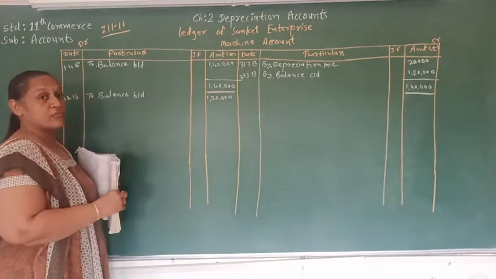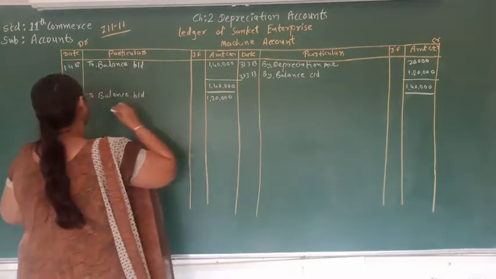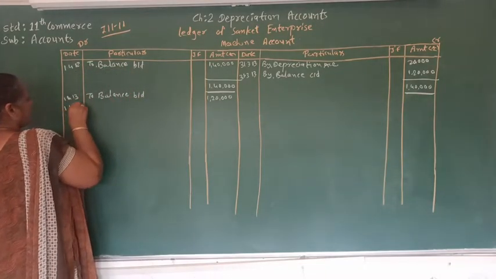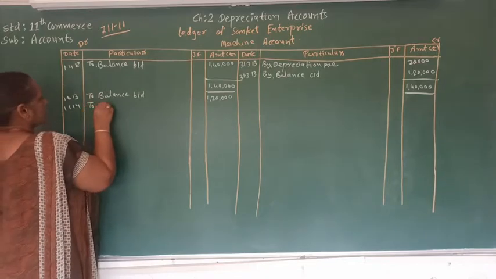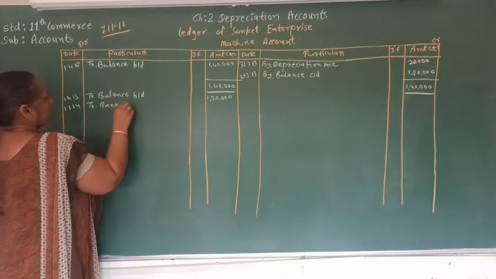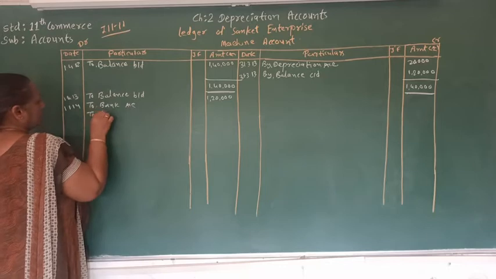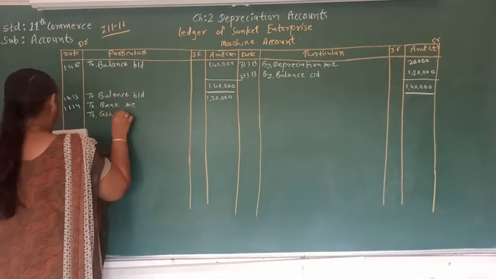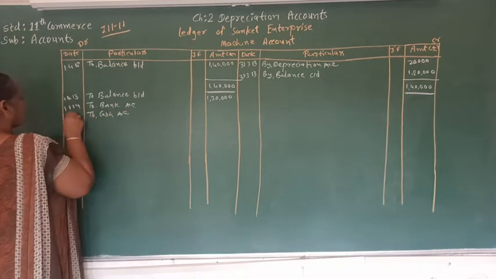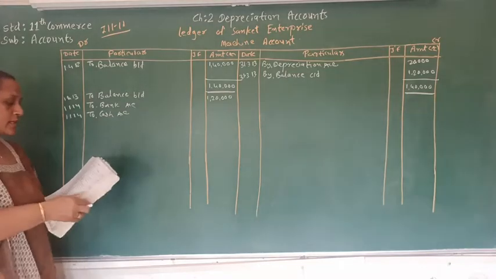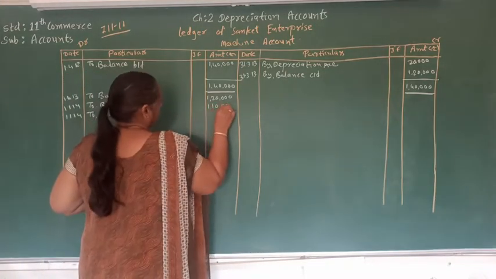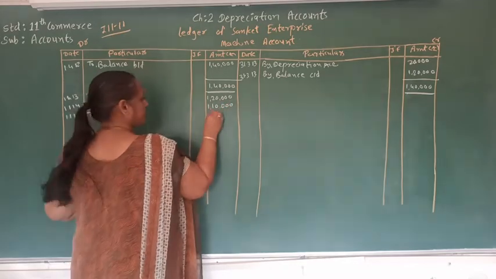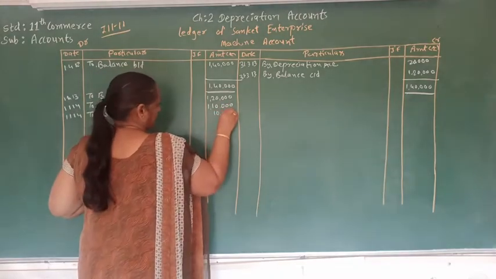Then, before providing depreciation, on 1/1/14 the new machine was purchased, and for that, to bank account and to cash account. So on 1/1/14 the new machine was purchased, and the price was paid by bank account, 1,10,000, and cash paid of rupees 10,000.